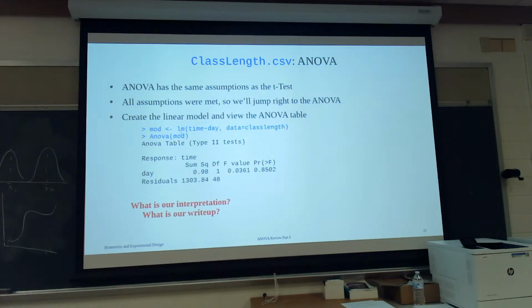So I created my linear model, time is a function of day, where those are found in the data frame class length. And then once I've created the linear model, I pass that model to the ANOVA function. And that produces our ANOVA table.